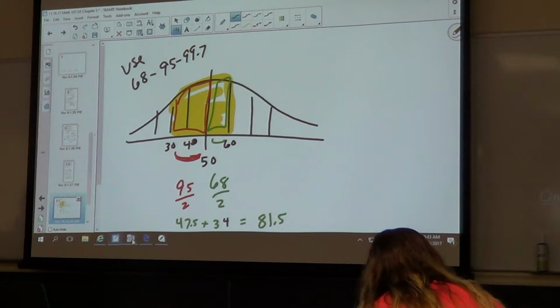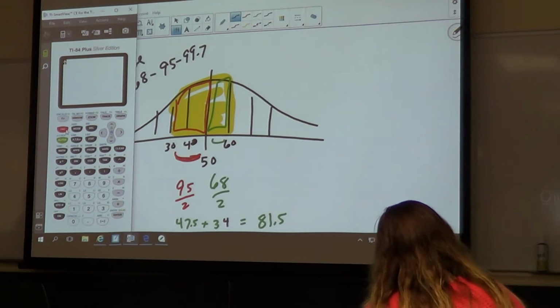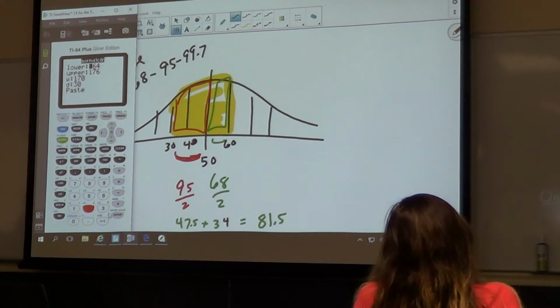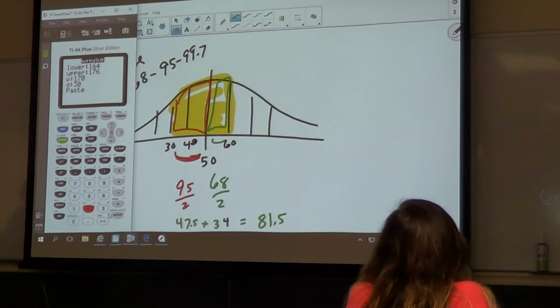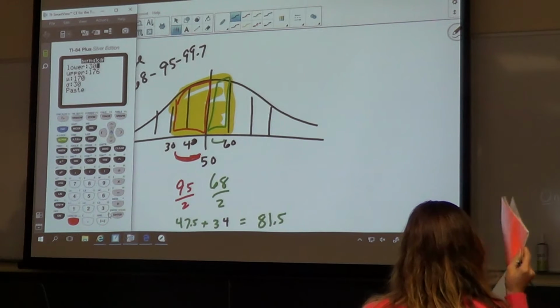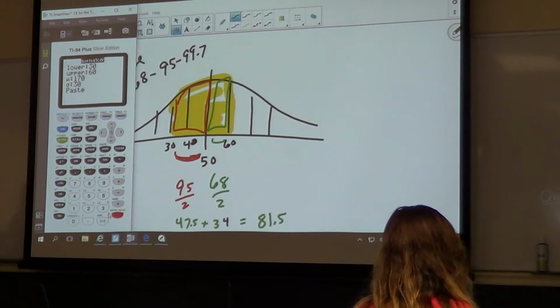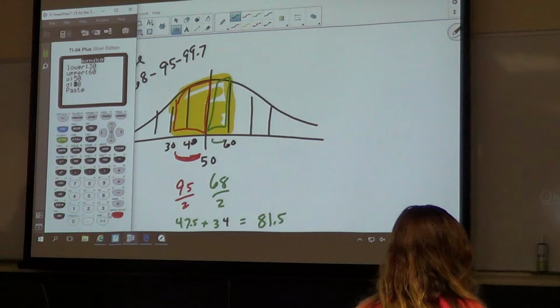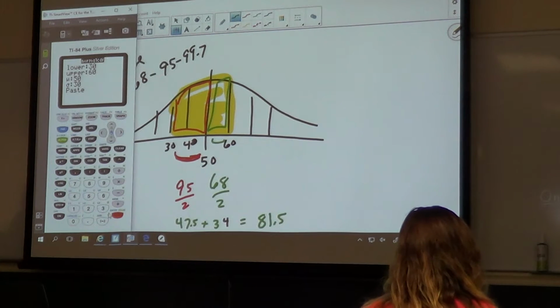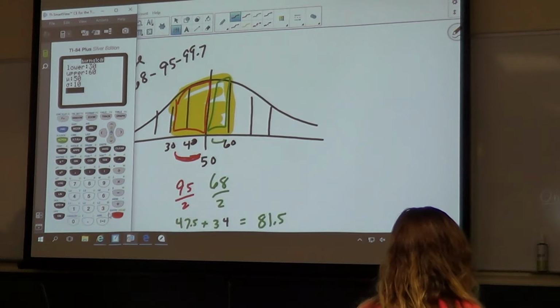Now we know how to do normal CDF. If I do second vars, number 2, what is my lower limit? 30. My upper limit? 60. My mean? 50. And my standard deviation? I'm jumping in increments of 10, so 10.